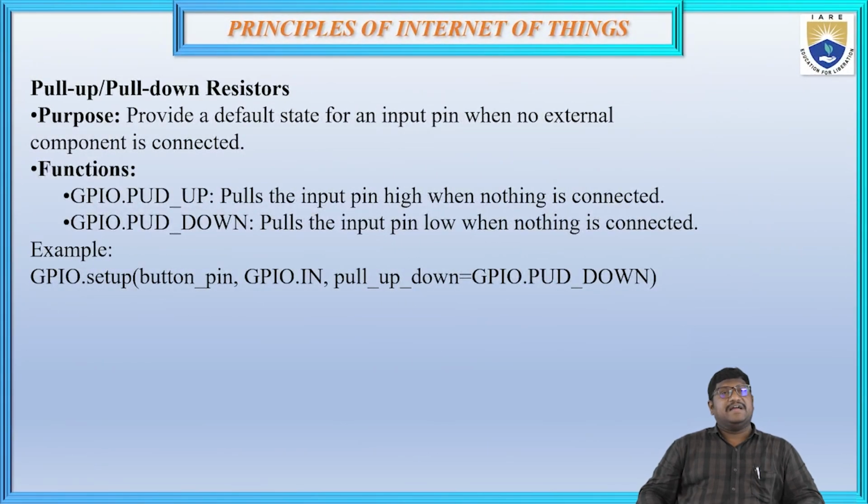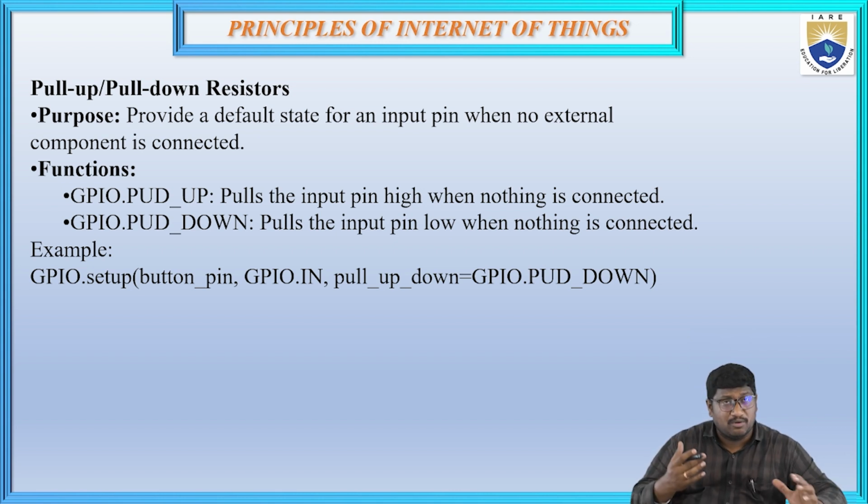And coming to the next factor, which is pull up or pull down resistor. In this pull up or pull down resistor, we have a major purpose, which is to provide a default state for an input pin when no external component is connected. What are the different kinds of functions which exist in pull up and pull down resistors?